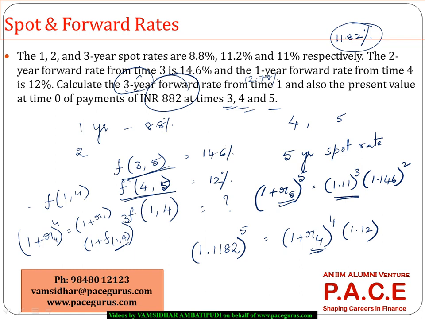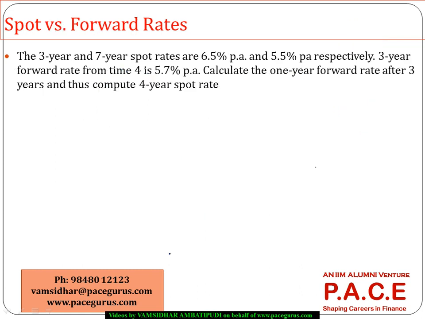Alright, let's take up one more example relating to finding the spot rates from forward rates from spot rates kind of scenario. The 3-year spot rate and 7-year spot rate, right? The 3-year spot rate, Y3, is 6.5%.